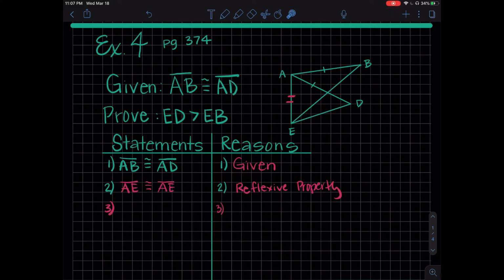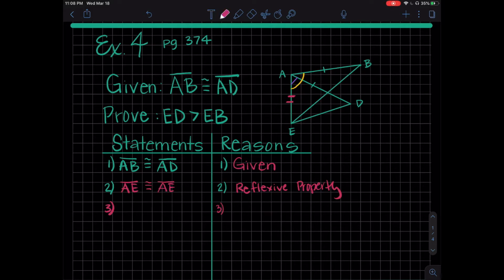Now I think this is where this is going to get a little tricky. We have two angles. We have the big angle EAB, which I'm marking right here in yellow. And then we have the smaller angle EAD, which I'm marking in purple.